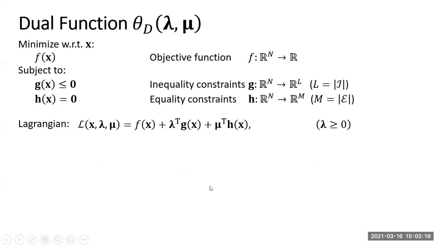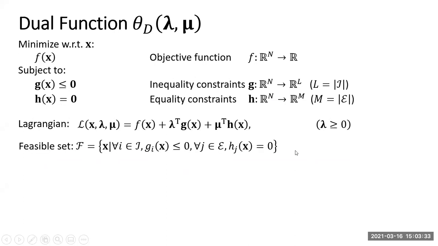The Lagrangian is expressed in this form: L of x, lambda, mu is f of x plus lambda transpose g of x plus mu transpose h of x, and lambdas must be greater than or equal to 0. And this is our feasible set, which satisfies all these constraints, or I've written this in terms of the scalar constraints.